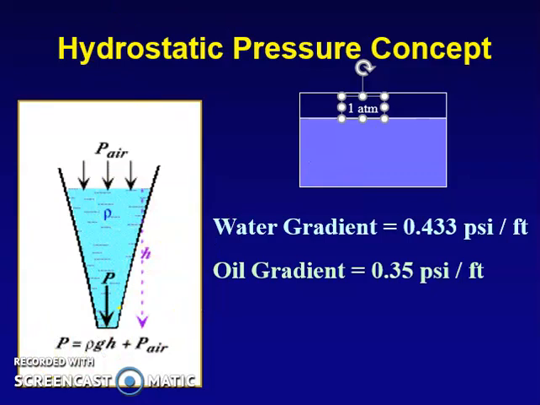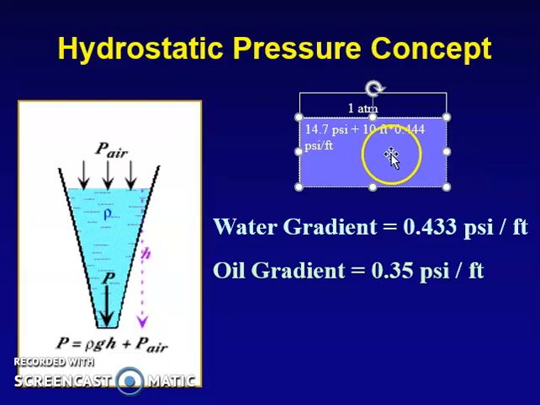to be equal to, I can write it here for you guys. 14.7 psi, which is the atmospheric pressure, plus 10 feet multiplied by 0.433 psi per foot, right? And what is the unit of 10? 10 feet, right?